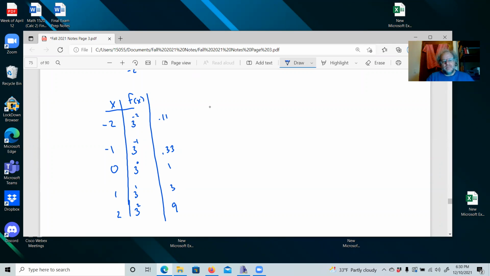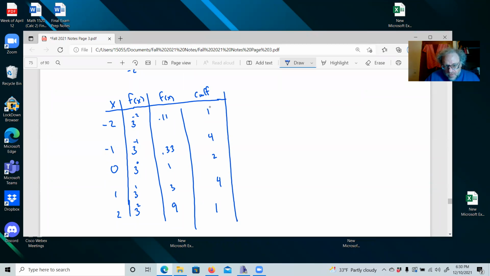Now, this could be the coefficient. So this is this, and then we can put in the coefficient here. So this is 1, 4, 2, 4, 1. So it's f of x at 0, 4 times that, 2 times this, 4 times this, 1 times this.